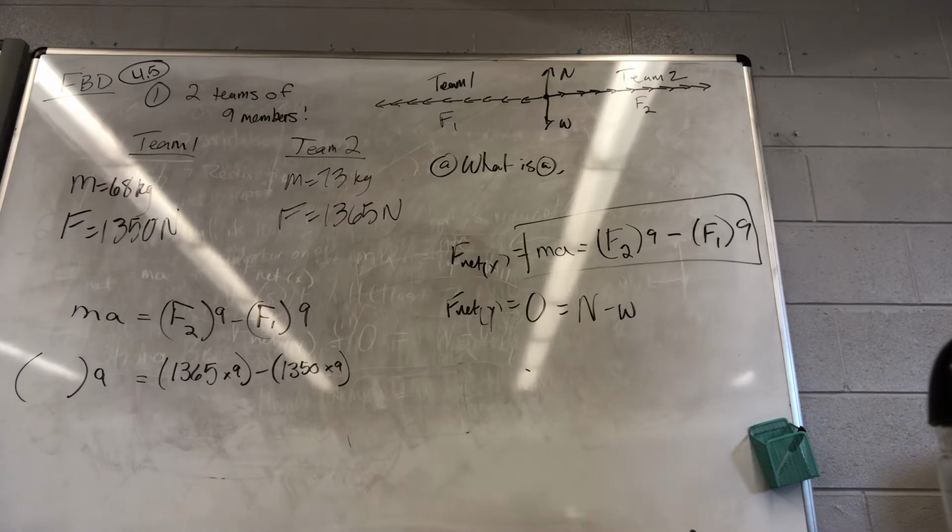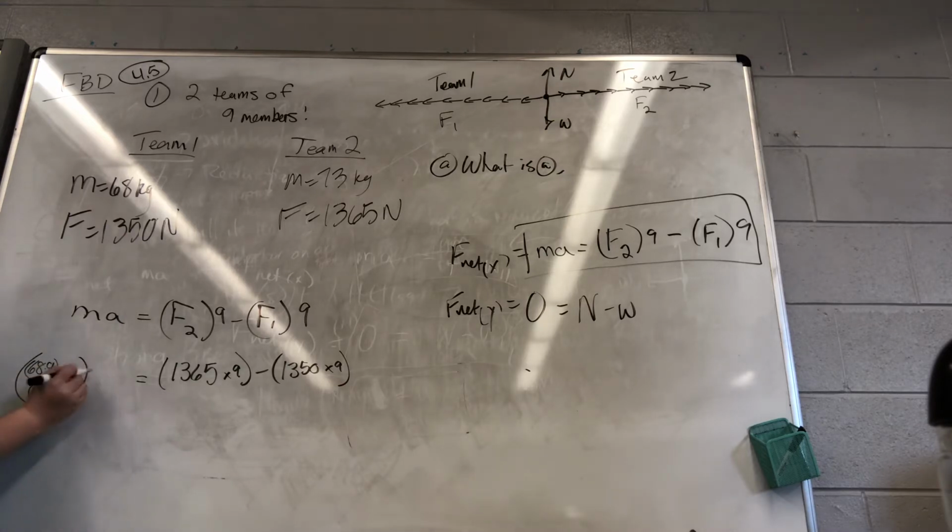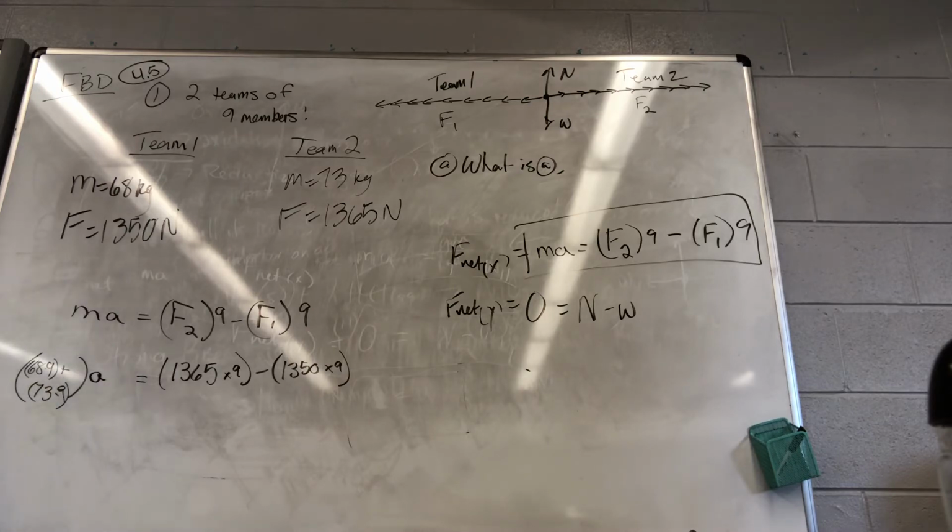Do we add both of them or subtract? You're going to add them all times 9, remember? So you're going to do 68 times 9 plus 73 times 9 to get your total mass. Then you're going to solve for A. It's an A, not a 9.